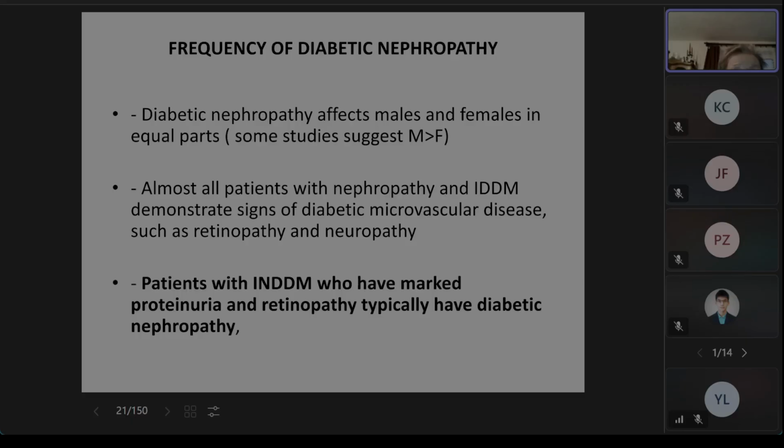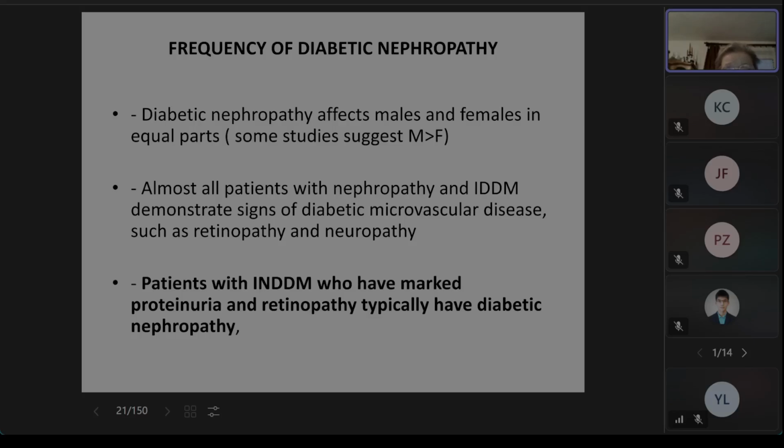Patients suffering from type 2 diabetes mellitus and having overt proteinuria, if they also have changes in the fundus of the eye, meaning they have retinopathy, must have diabetic nephropathy, because on the fundus of the eye we can find the same caliber of blood vessels as we can find in the kidneys.